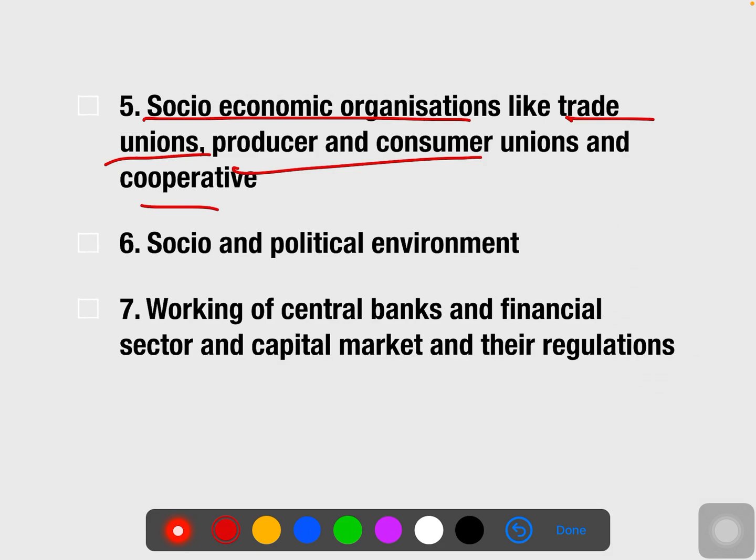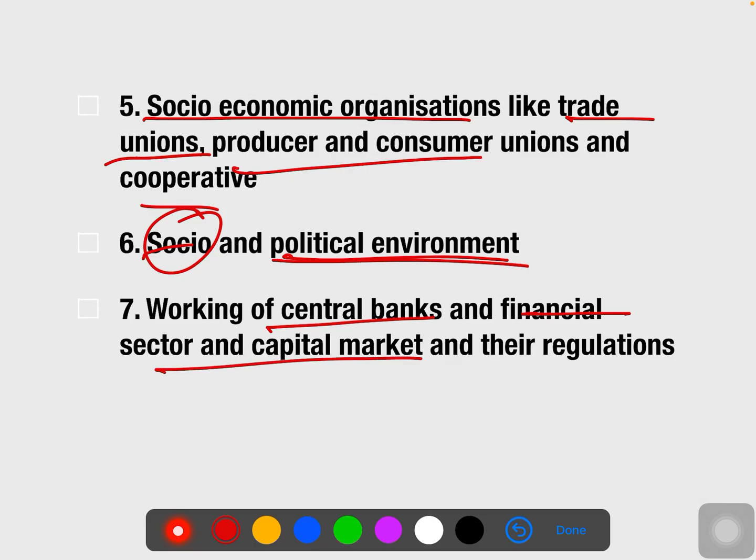These unions also affect the economy, especially when they go on strike. And the socio-political environment, how our society is and how politically strong and stable it is, also matters in understanding business economics. And the last one, the financial sector.